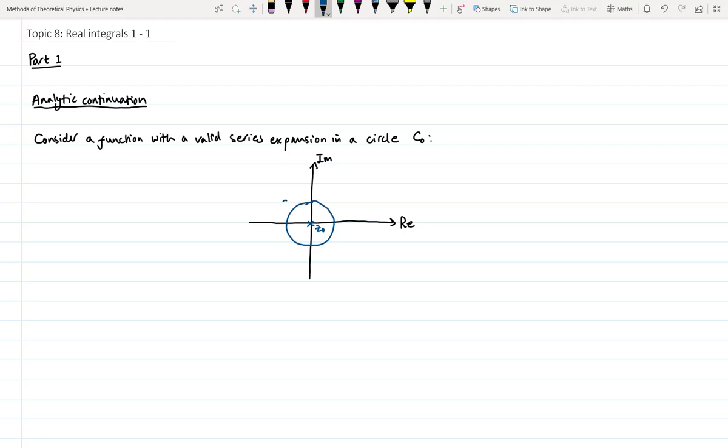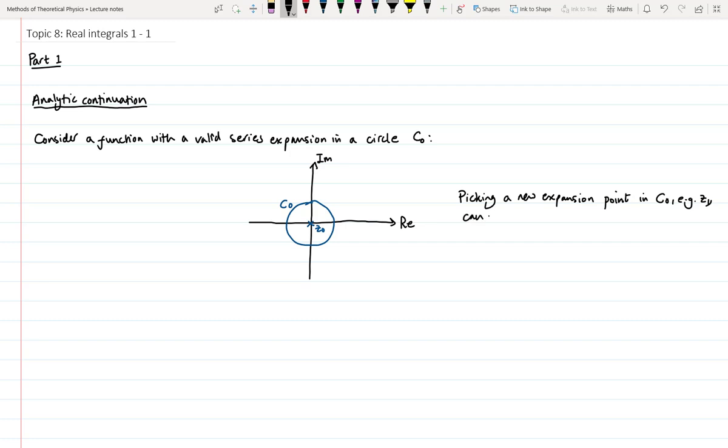This is our circle C0. Now imagine next that we pick a new expansion point for our function. And the point lies within C0. Let's call that point Z1.